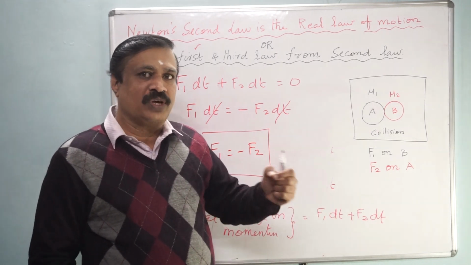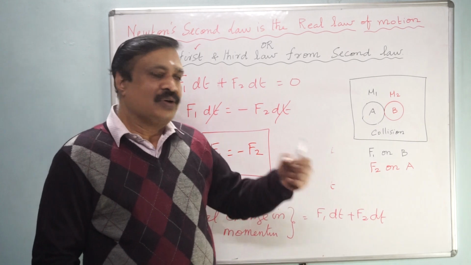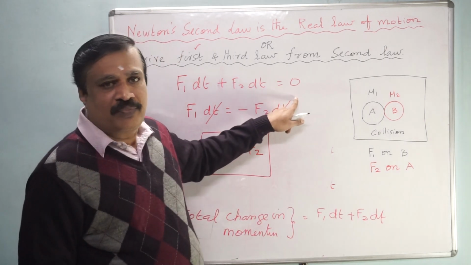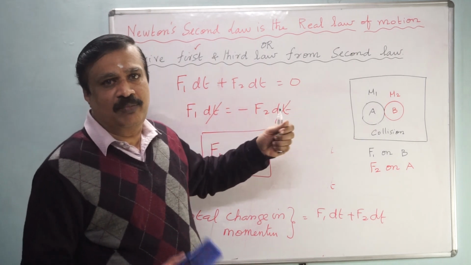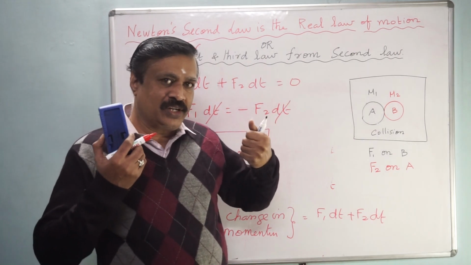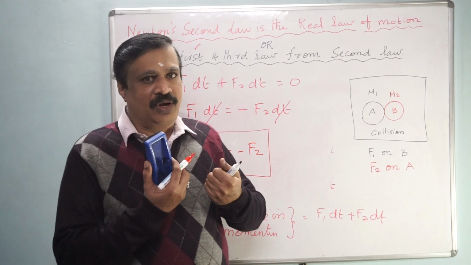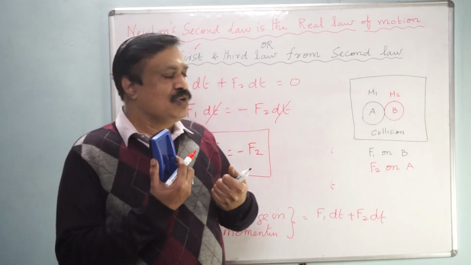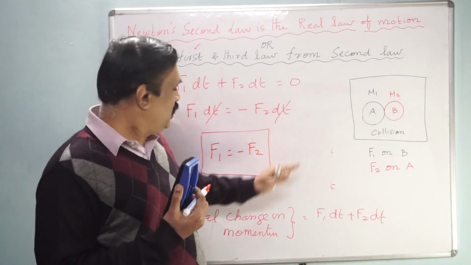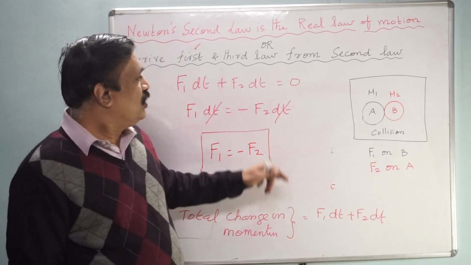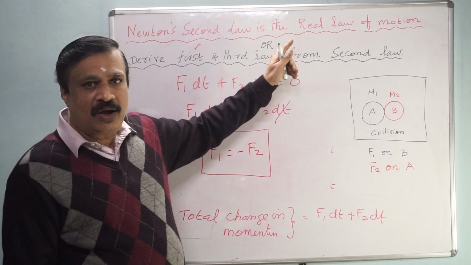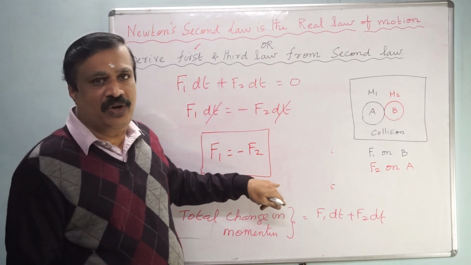If there is no external force, then this is equal to 0. Then we take one to the other side, and the collision takes place at the same time. Therefore, cancelling dt, we get F1 equal to F2. This is Newton's third law. We have taken Newton's second law and obtained Newton's third law.